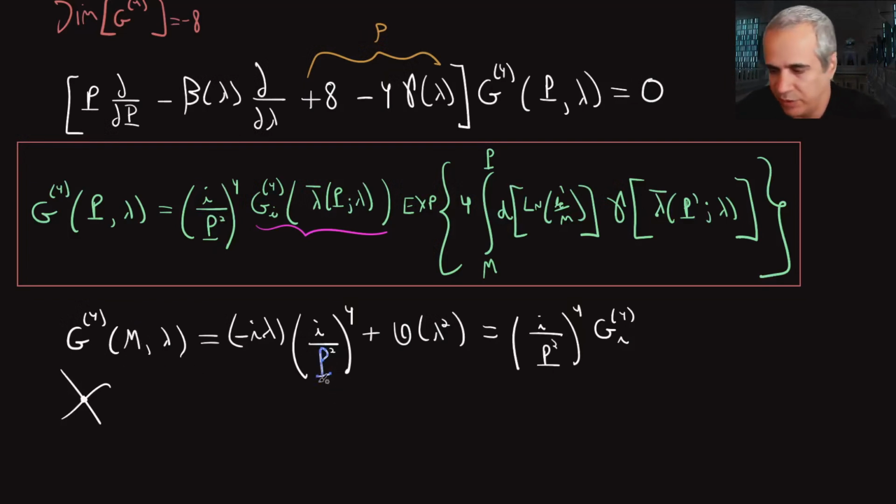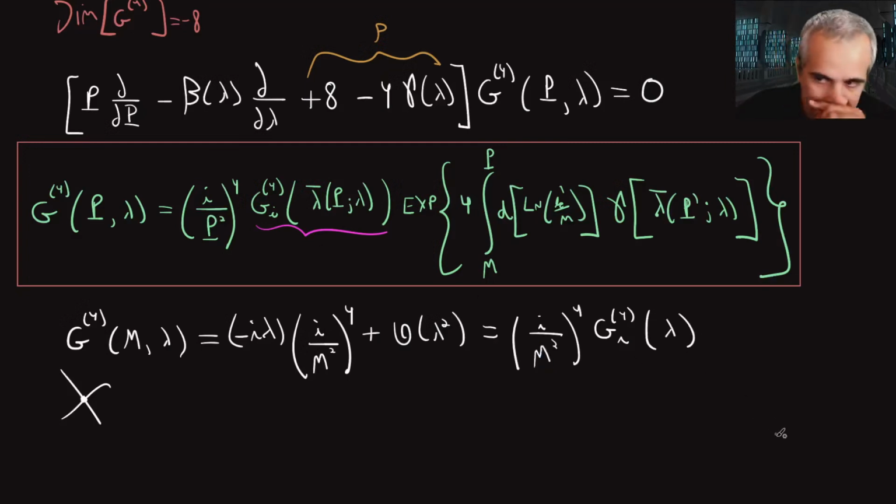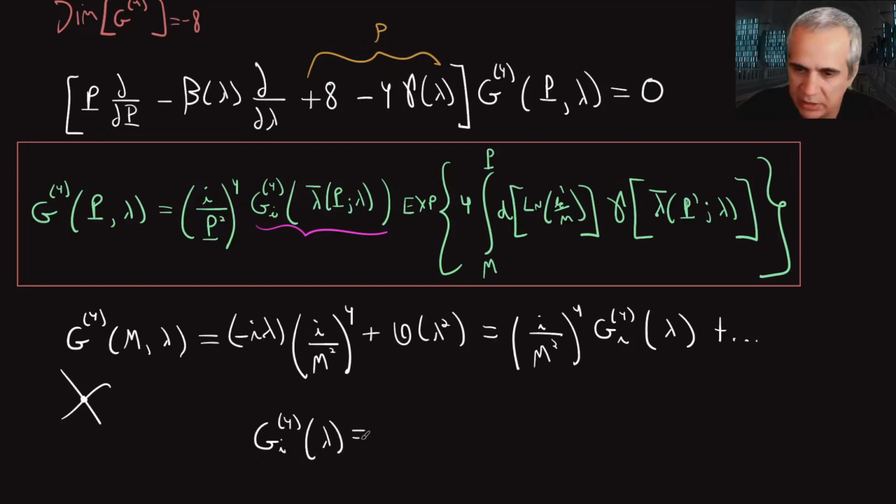That's the whole point, on both sides of the equation. So on this side, I take P equal m, and then this integral goes away. I'm left only with G_I calculated at lambda. And then I just have to compare these two, and get that G_I calculated at lambda is minus i lambda plus higher orders, right?